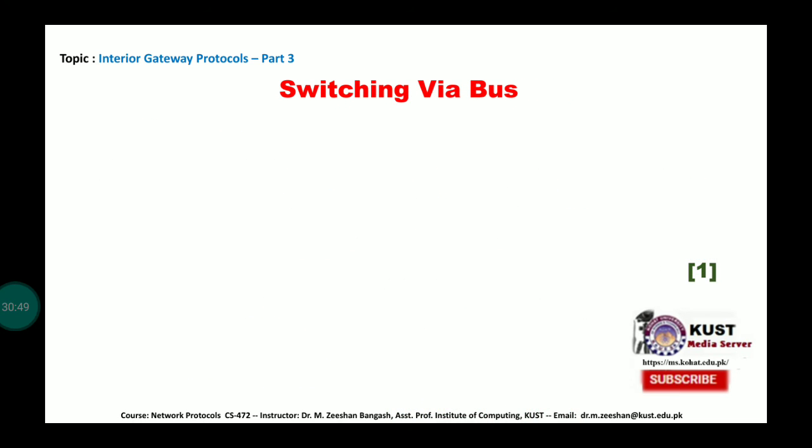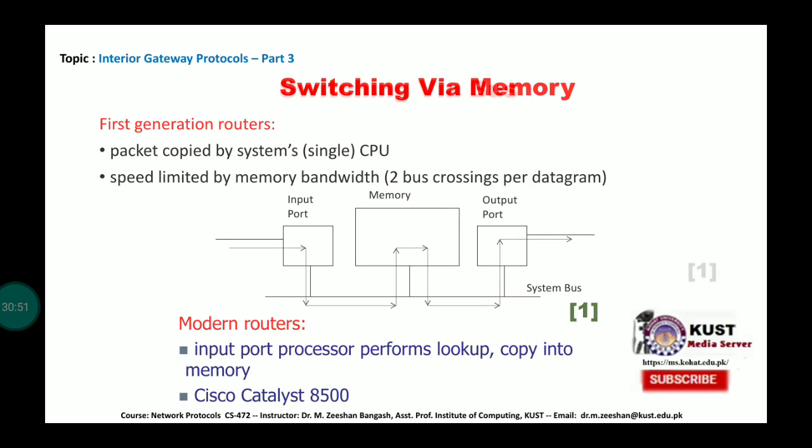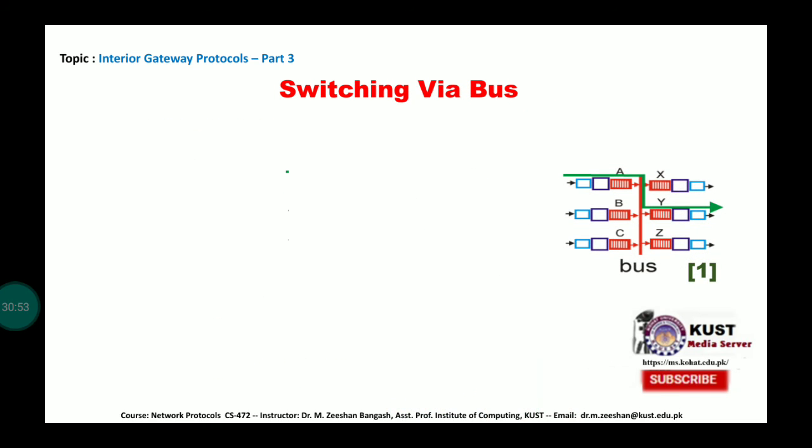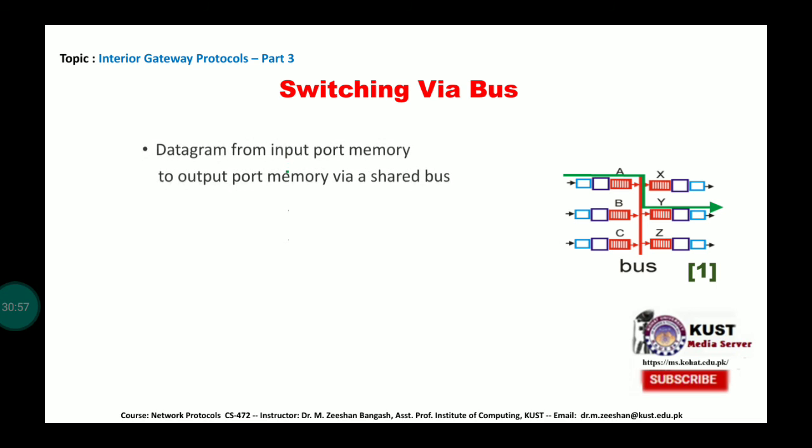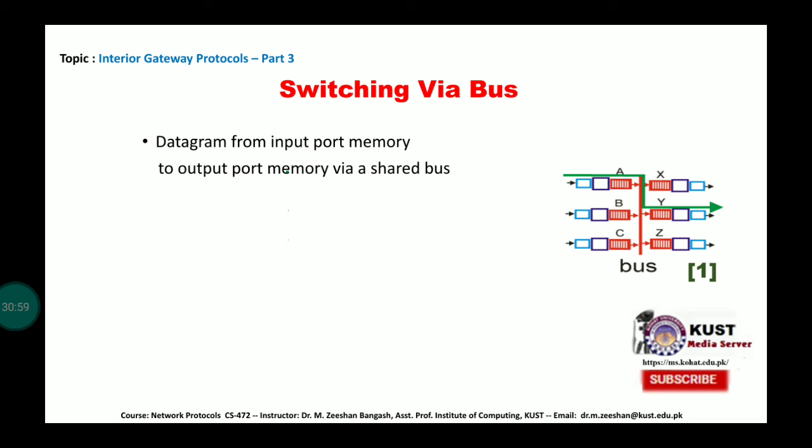Now again, the second is the switching via buses. You can look into the diagram: datagrams from the input port memory to the output port memory are managed through a shared bus.